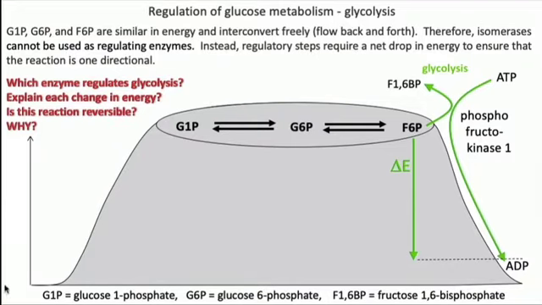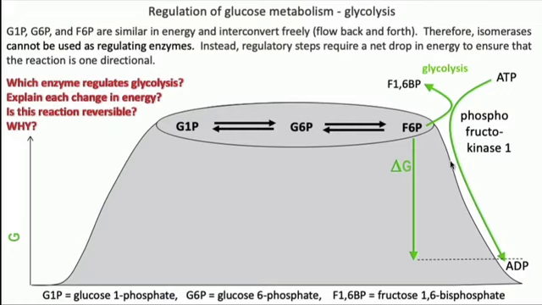This energy landscape figure is drawn to parallel a hill with a flat top. On the flat top of the hill, we have glucose 1-phosphate, glucose 6-phosphate, and fructose 6-phosphate because these three phosphohexoses are all pretty equal in energy, and it's easy to push them back and forth between themselves. They can flow freely.